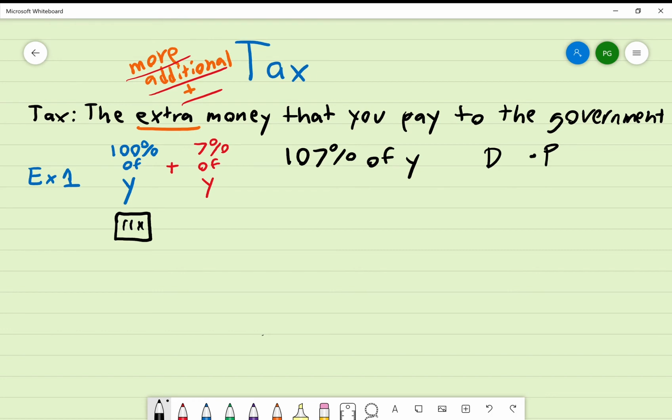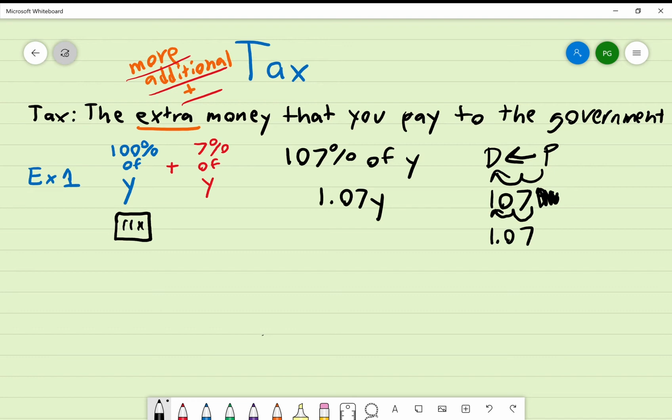I'm moving from the right to the left, so I'm going to move 2 spaces to the left. Let's take the 107%, erase the percentage sign, take the decimal point, and move it 2 spaces to the left. That's 1.07. So this would be 1.07Y. Boom. That's all you've got to do.